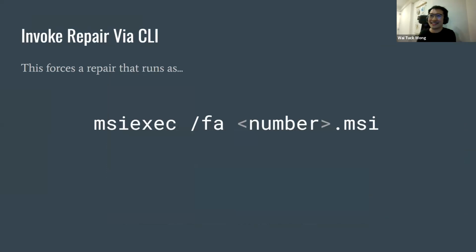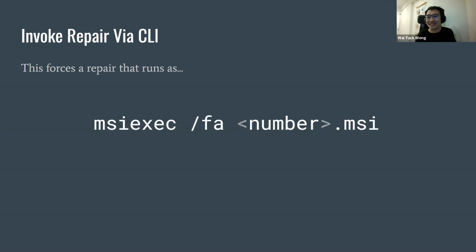Executing the MSI with the flag just forces the repair without an interactive prompt. The first thing that this gives you is an ability to script the repair. So for example, if you're trying to hit some time of check to time of use or race condition vulnerability, this is something that you can script and then try to exploit.